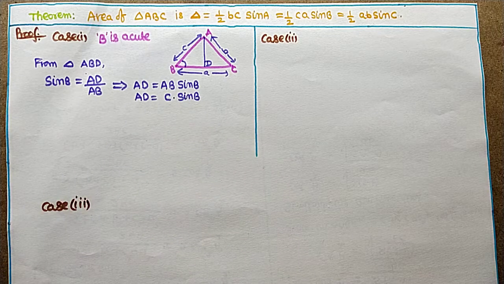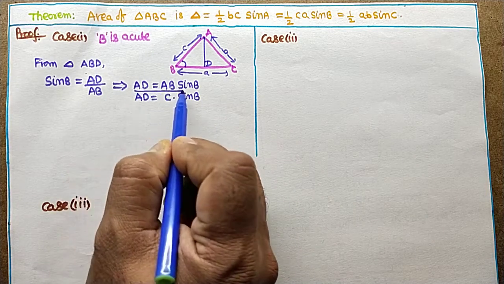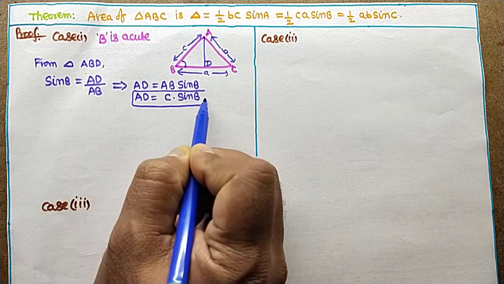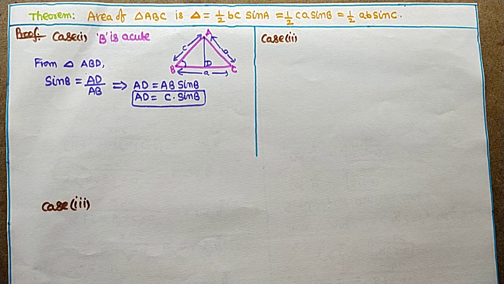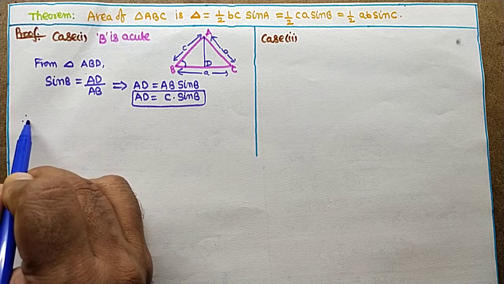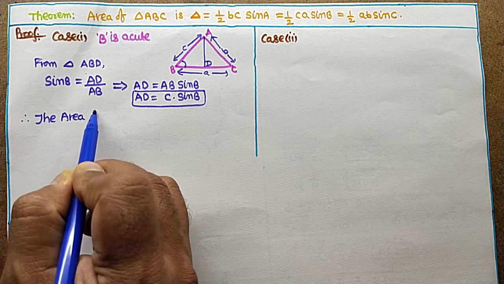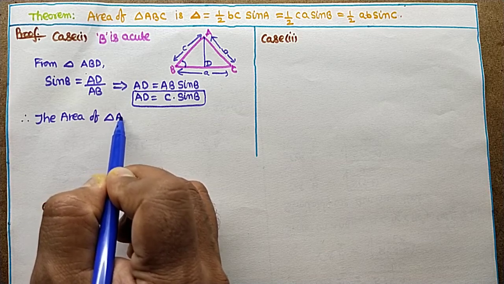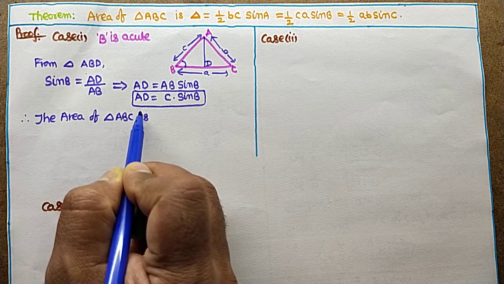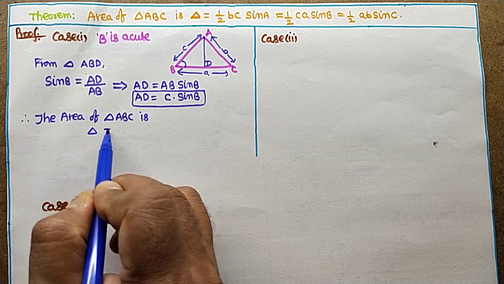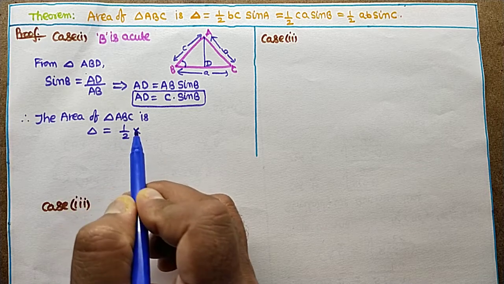After getting the value of AD, we know that area of triangle ABC is half into base into height. Therefore, the area of triangle ABC is delta equal to half into base.